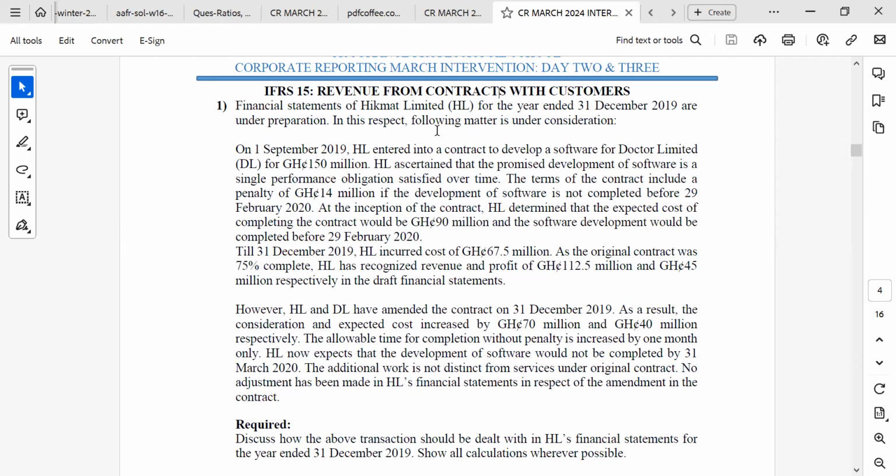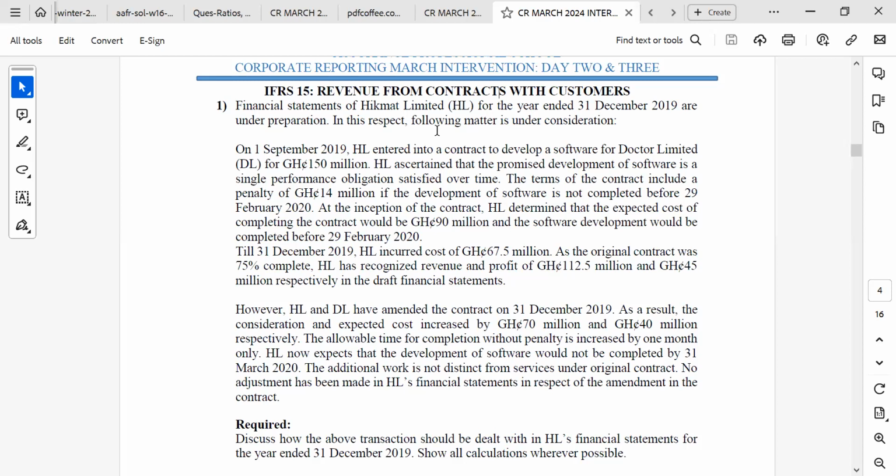They have stated that particular one for you. So if it is over time, the revenue recognition has to be based on what? The percentage of completion, for which you can use the input method or the output method.